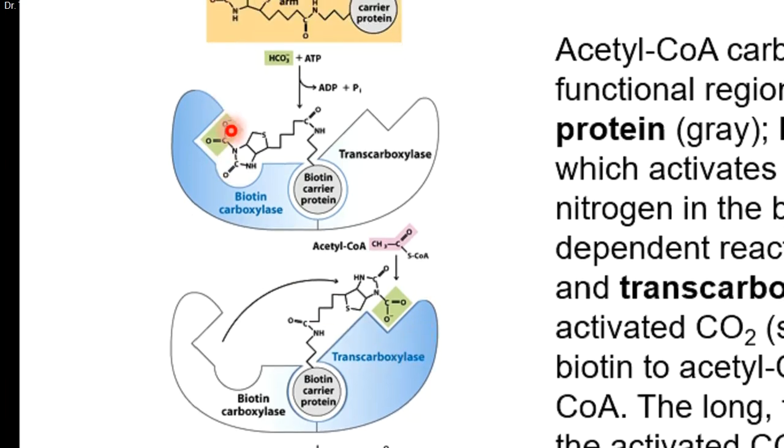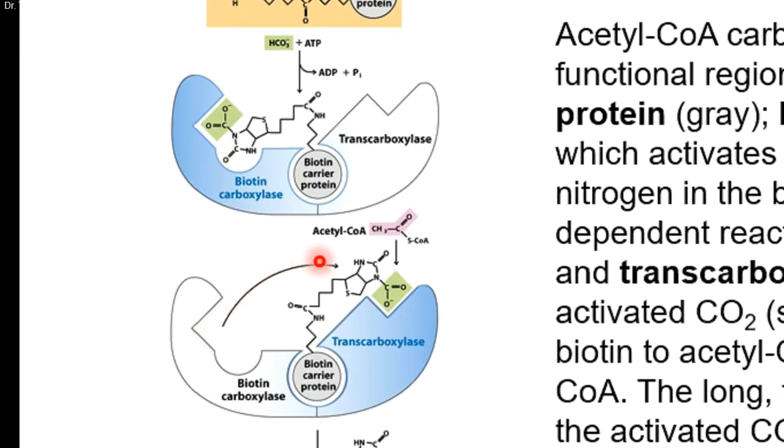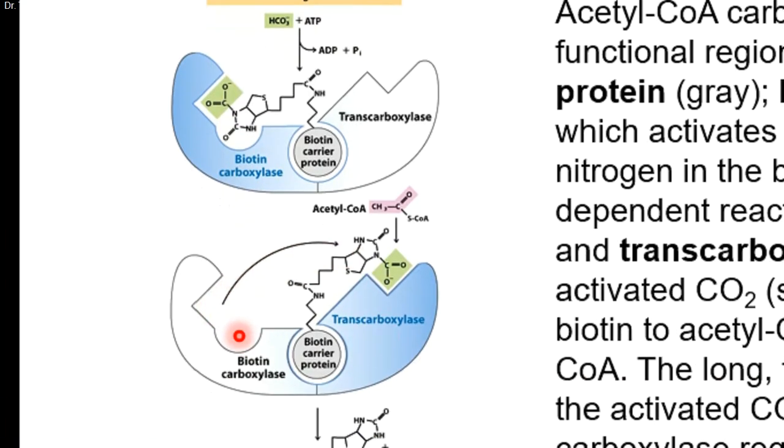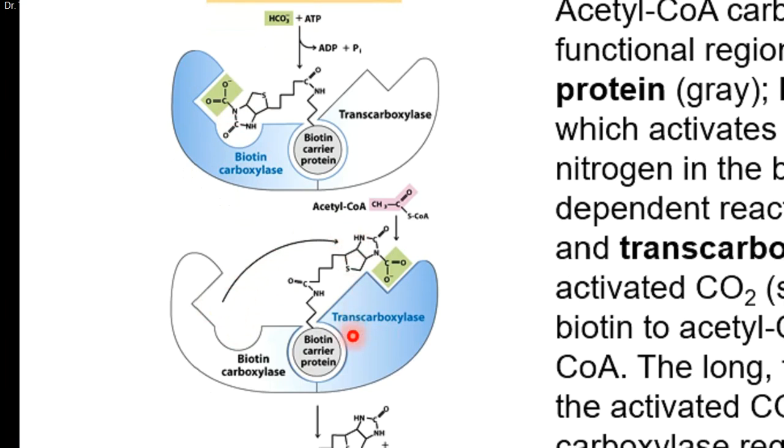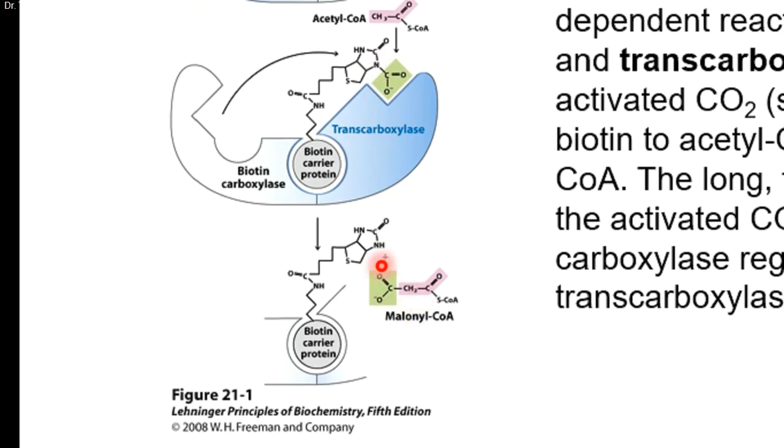That means after the binding of carbon dioxide to the biotin arm, automatically this will swap. That means the complete swapping of this region, the biotin carboxylase region, to the next enzyme, that is trans carboxylase. This trans carboxylase may have a hydrolytic property, that means it will remove the acyl coenzyme A with the carbon dioxide.